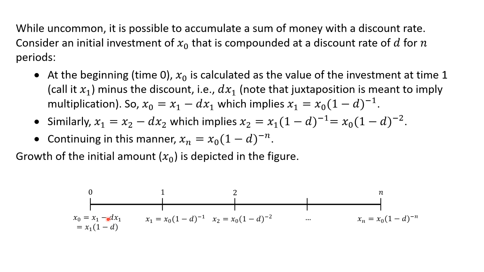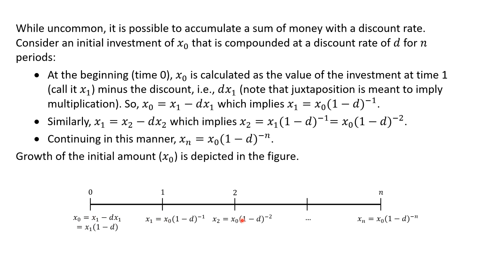So it's x1 minus some discount times x1, and you can solve for x1. It's just factor it out, and then you multiply both sides by 1 minus d to the negative 1 power, and you get x1. So for example, if d is 0.01, this is 0.99, and then when you take the reciprocal, it's a little bit bigger than 1. So you get slightly more than what you had here.